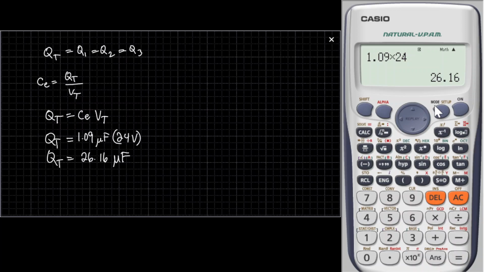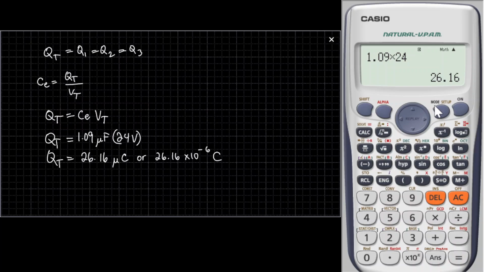So I didn't convert. This is also equal to, you can also write it this way, 26.16 times 10 raised to negative 6 farads. I mean, not farad because it's charge, right? Coulombs. Microcoulomb. And this will become coulombs.